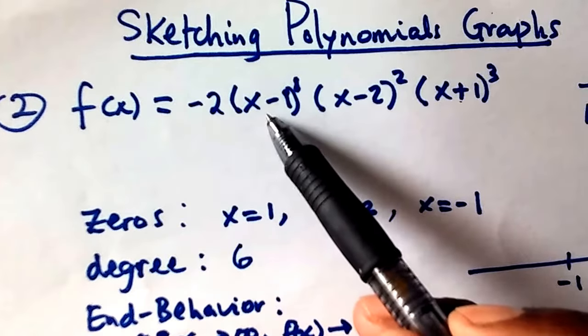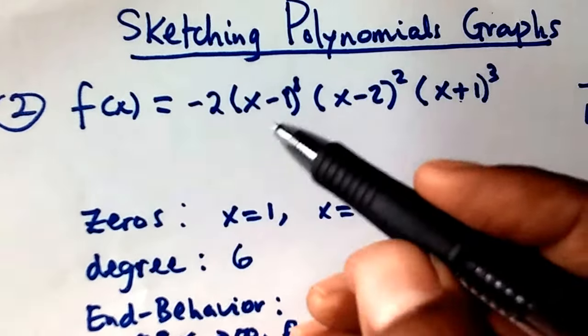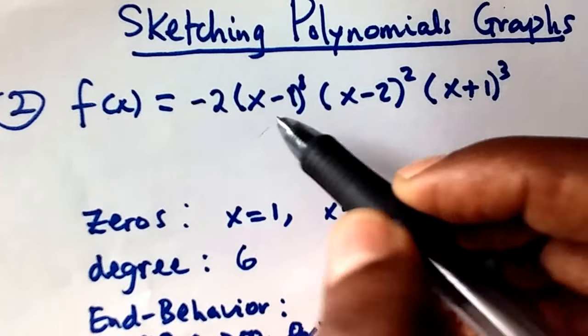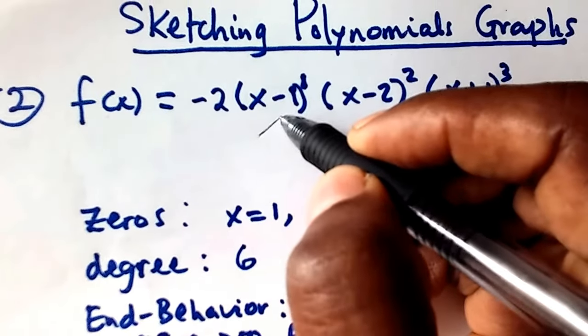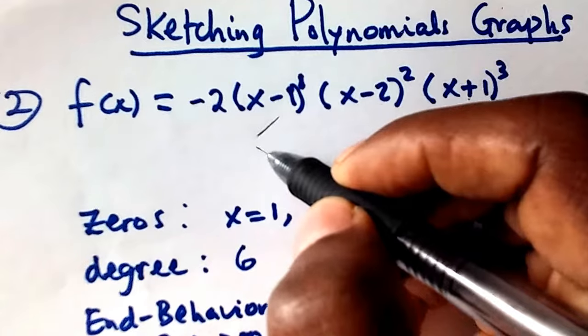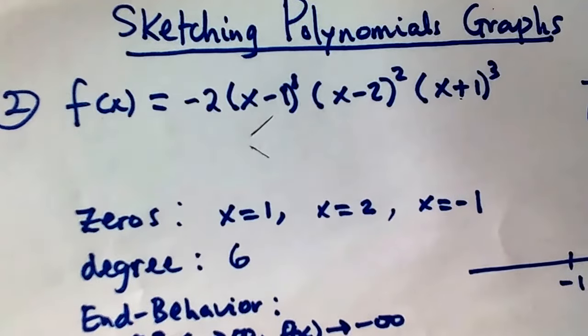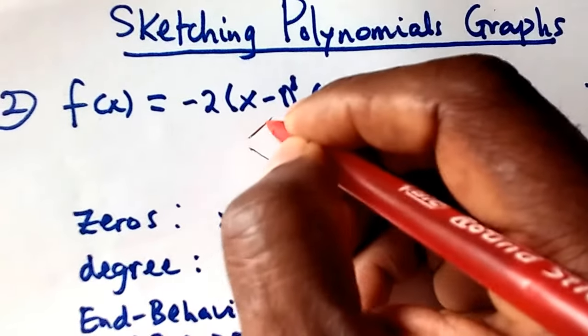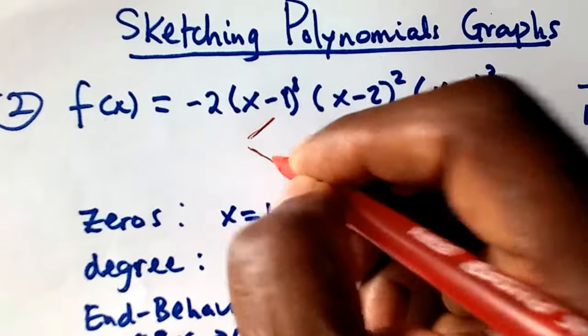This is a linear factor, so it's going to behave almost like a line going through the x-intercept, either going that way or going this way.